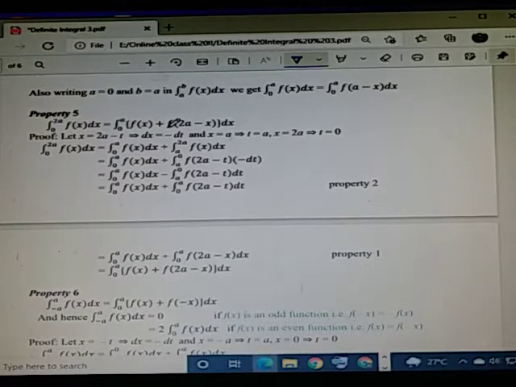Sometimes f of twice a minus x is minus f(x), then this becomes 0, f(x) minus f(x). So if we get f of twice a minus x is minus f(x), then this becomes 0. So we can apply this one.